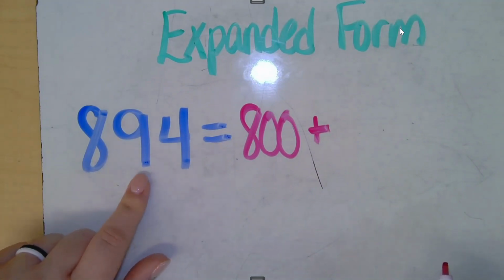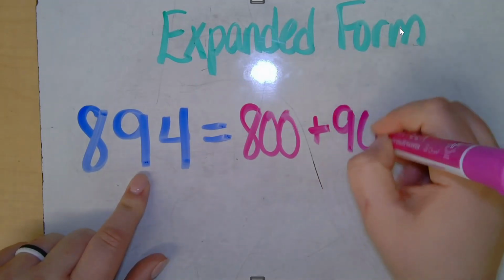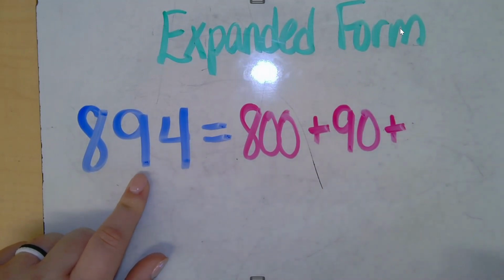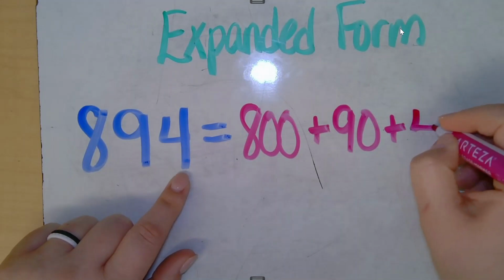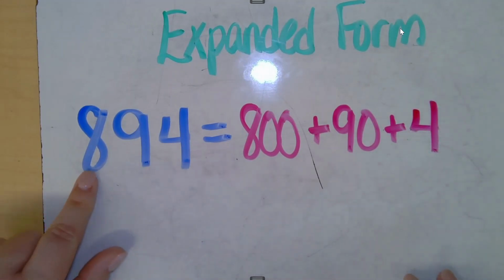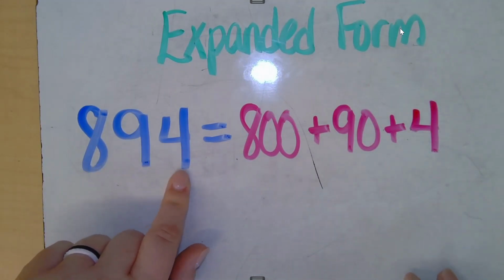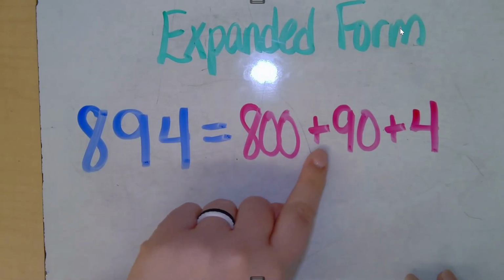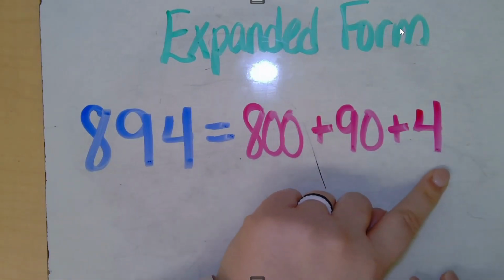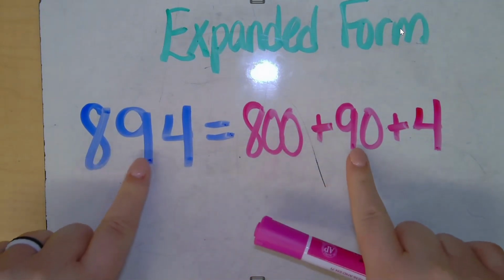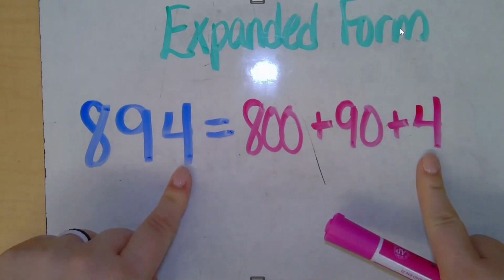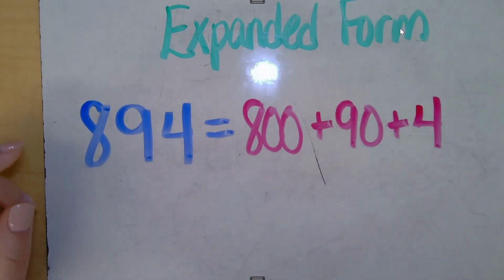Now I go to my tens. There are 9 tens. The value of 9 tens is 90. 4 ones equals 4. So 894 written in expanded form is 800 plus 90 plus 4. So again, you're writing how much the hundreds are worth, how much the tens column is worth, how much the ones are worth. Okay, erase.